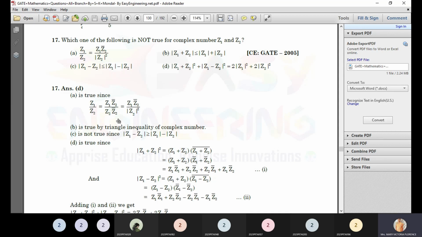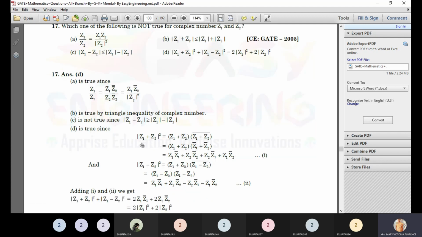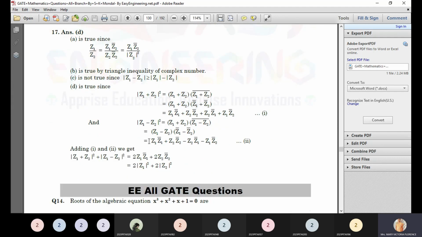D option, mod z1 plus z2 the whole square plus mod z1 minus z2 the whole square equal to 2 times mod z1 square plus 2 times mod z2 square. Suppose we take the left side, mod z1 plus z2 the whole square, which is equal to a square, equal to a into a bar.